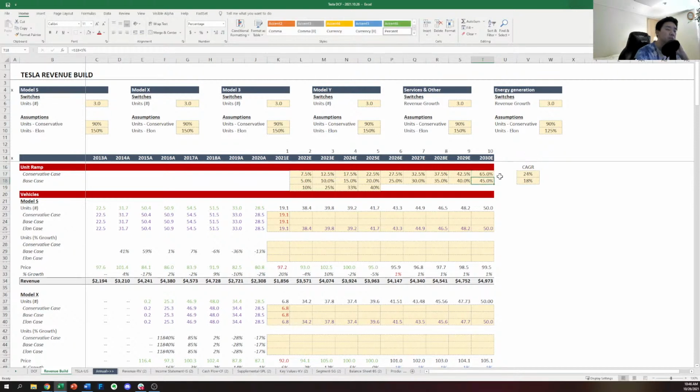And then for our base case, we want to have a pretty sizable range. So let's do that. 70% base case. 50% is 10 million cars. Is that a good base case? Still pretty aggressive. Let's see what it looks like for now.